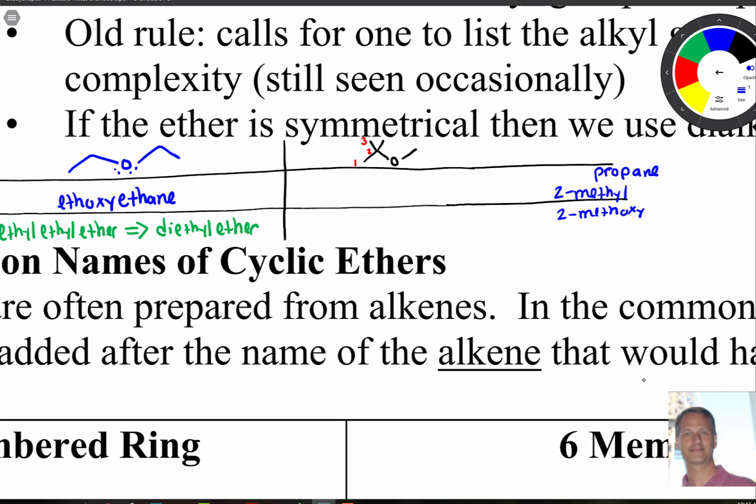All right, so then we put that together. The methoxy would come first. We have a tie all the way up to the O versus the Y. So it's a 2-methoxy, 2-methyl, and then propane. That's the IUPAC name of this thing.